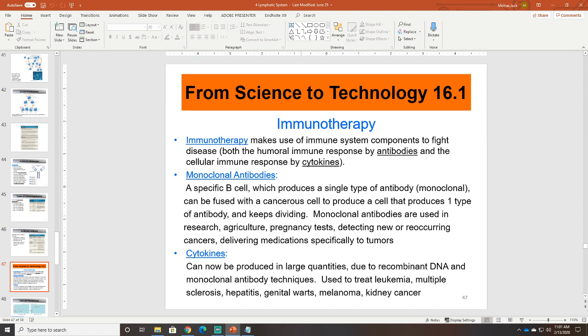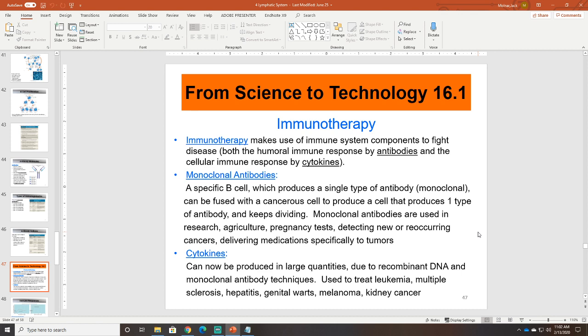Monoclonal antibodies are good because we can be very certain about what we're attacking when we use them. And we actually use them in a lot of modern medicines. There are a lot of new medicines, a big area for pharmaceuticals coming out now, that are called biologics, and many of them are monoclonal antibodies that are specific for something, right? And so you may hear about certain drugs like adalimumab, secukinumab, infliximab.